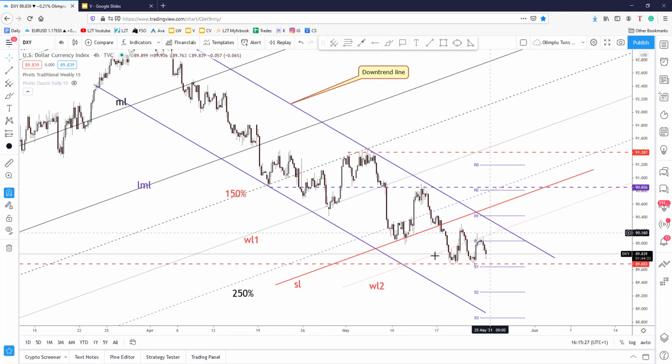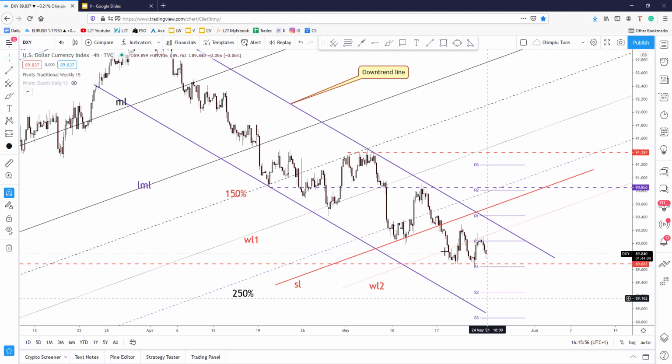The second warning line represented a potential dynamic support, but the price ignored it and jumped above it, but now it has stabilized right below it, and now it could continue to drop again towards the 89.68 static support. Maybe this time it will approach S1 again, 89.64.